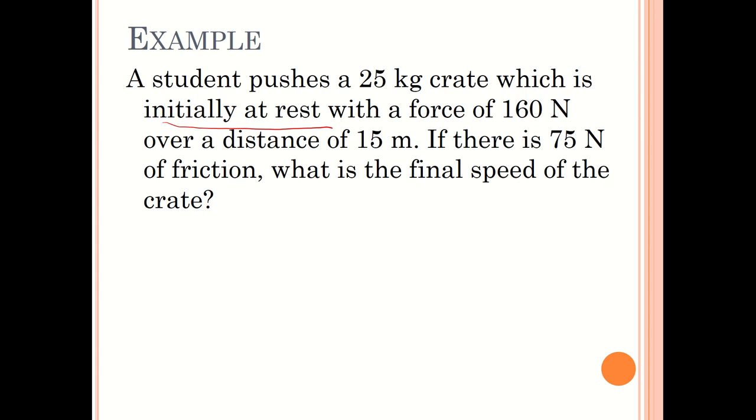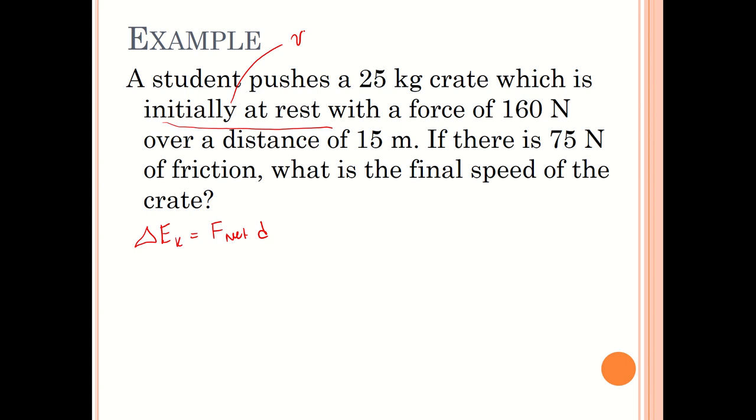All right, so what do we know here? Here's the equation we're going to be using. So again, delta E equal to F net times our distance. So in this case, we know that initial velocity was 0.